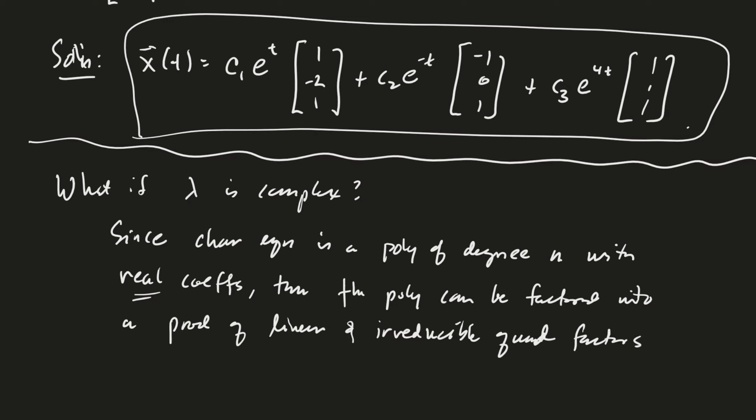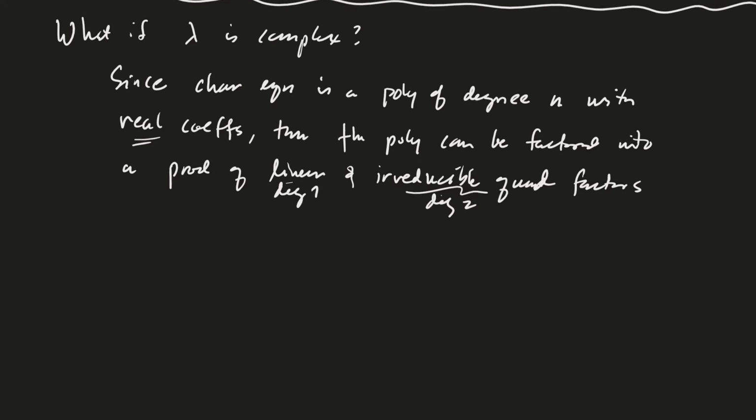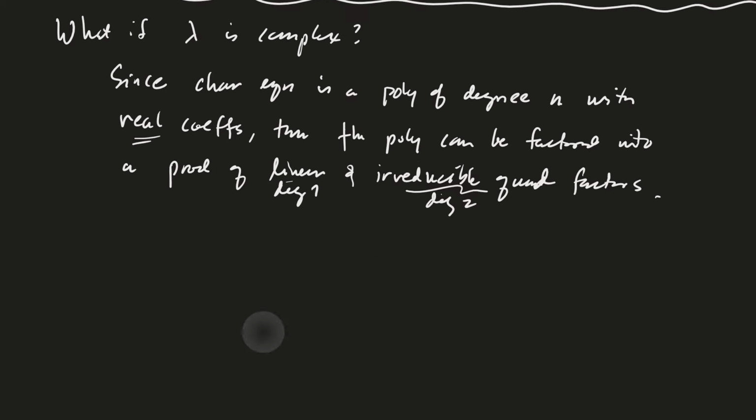By linear here, I'm just talking about degree 1, and here we have degree 2. For example, the characteristic equation might be something like lambda minus 1 times lambda squared plus 1. So this would be our linear factor, and this would be our irreducible quadratic.